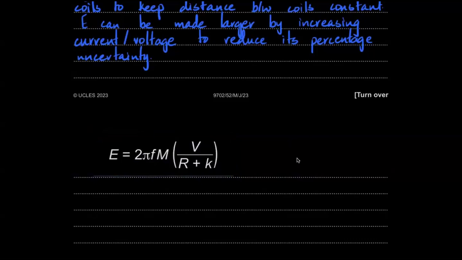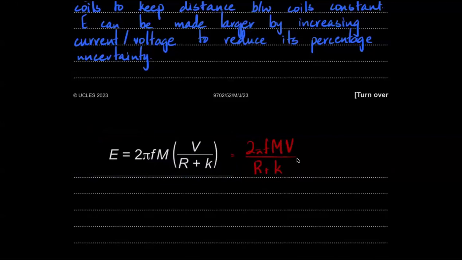So if I write it like this, this is 2 pi fmv over E plus k, right? And now I basically need to have R separate in some way. So what I should do here is cross multiply, so I can get something of use.